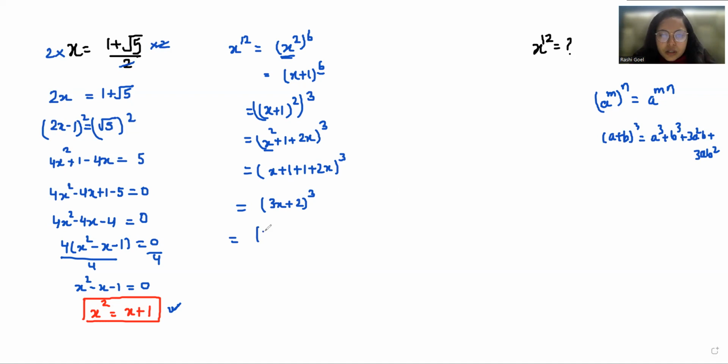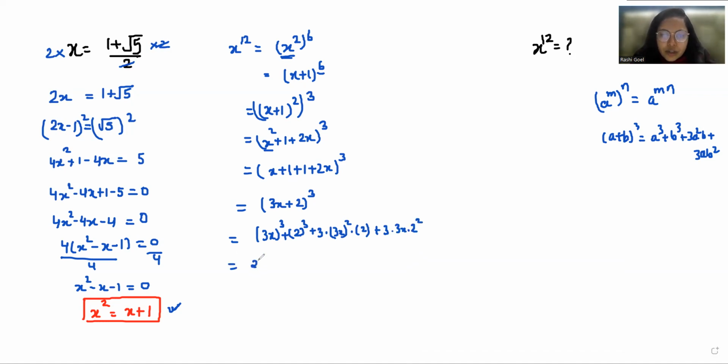So a cube is (3x) whole cube, plus b cube is 2 cube, plus 3 times a square times b plus 3 times a times b square.